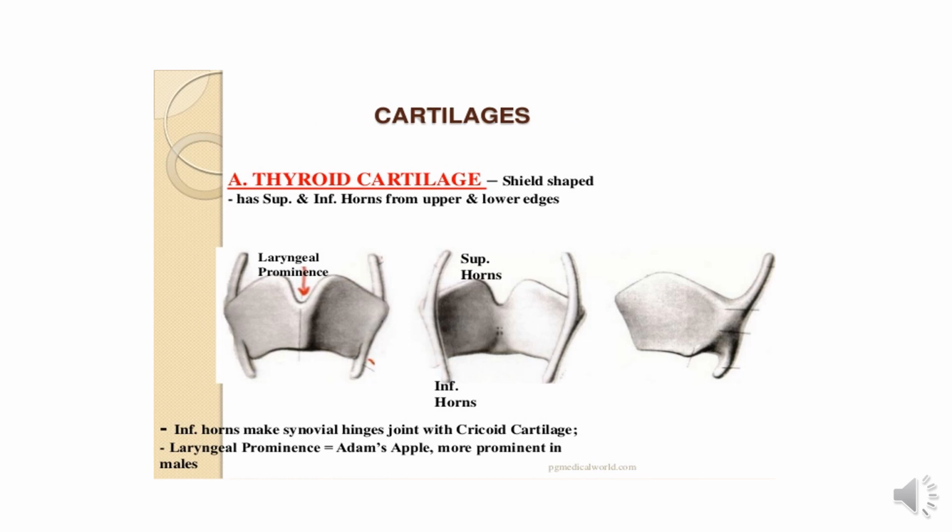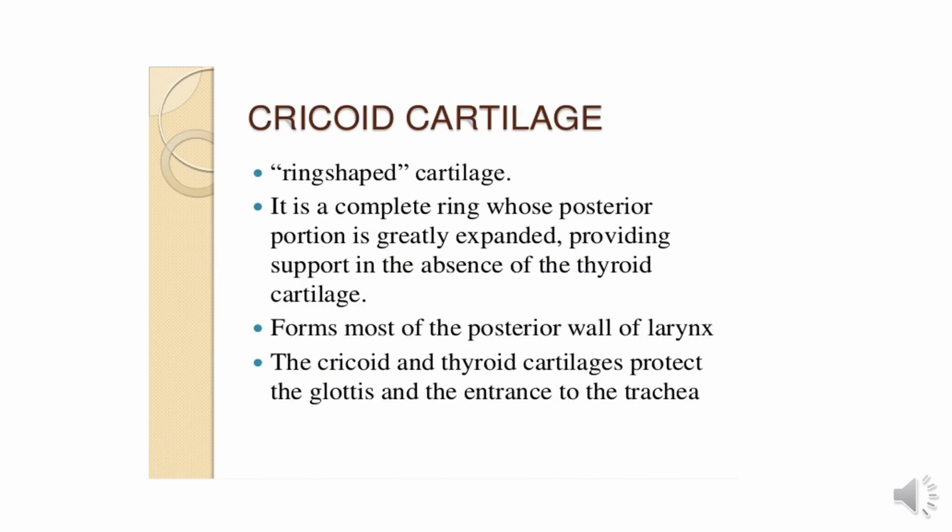This diagram shows the surface of the thyroid cartilage. The thyroid cartilage has 2 horns, superior and inferior, the shield, and the thyroid notch. The most angled part of the thyroid cartilage forms the laryngeal prominence, which is more acute in males and called the Adam's apple. The cricoid cartilage is the complete ring-shaped cartilage in the larynx.